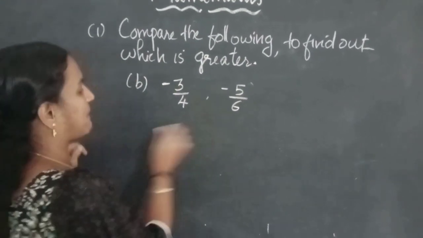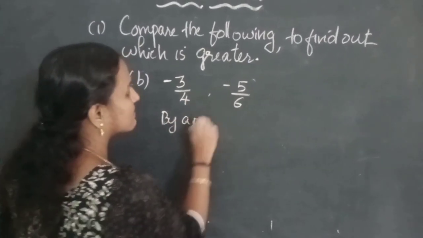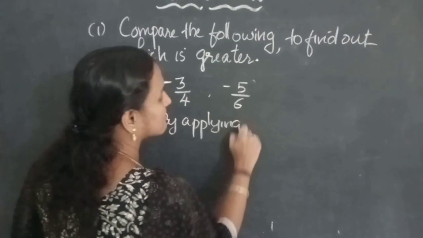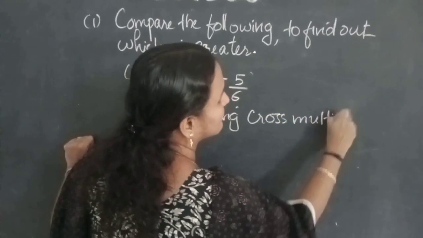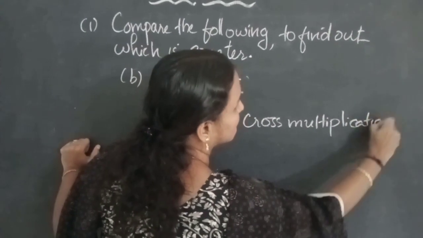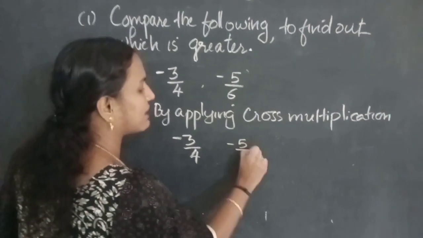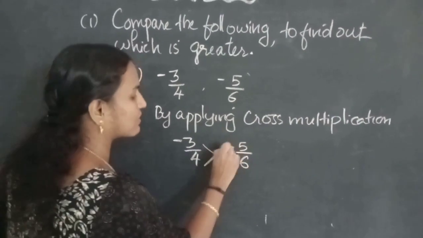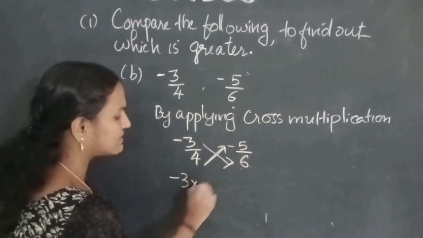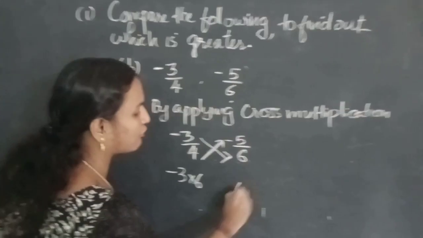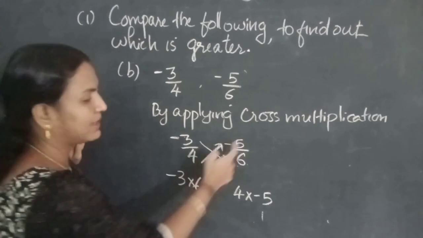So by applying cross multiplication, minus 3 by 4 and minus 5 by 6: minus 3 into 6 on the left side, 4 into minus 5 on the right side.